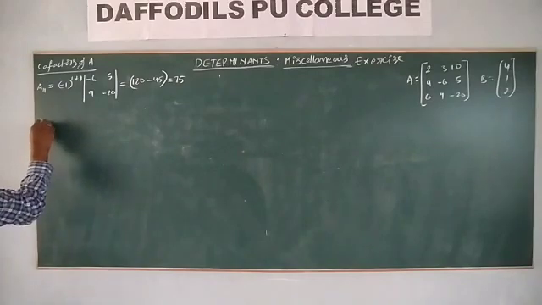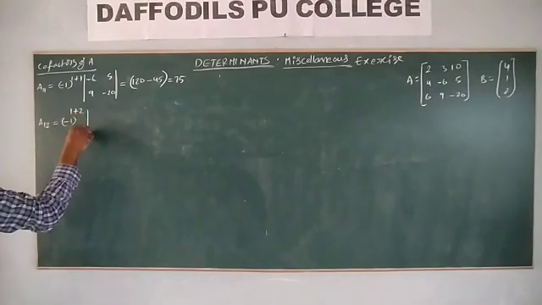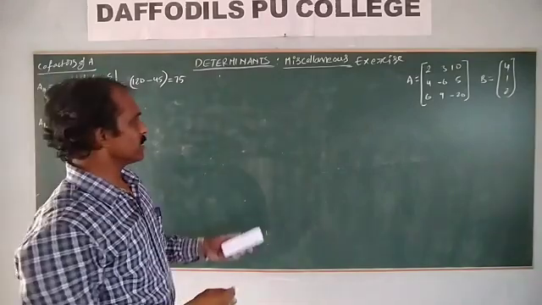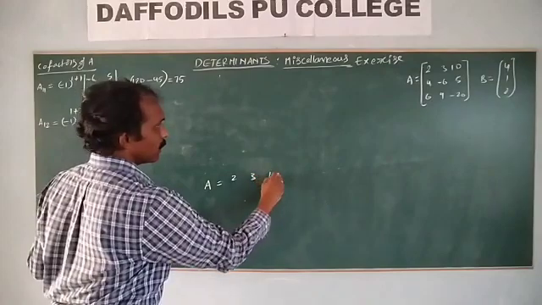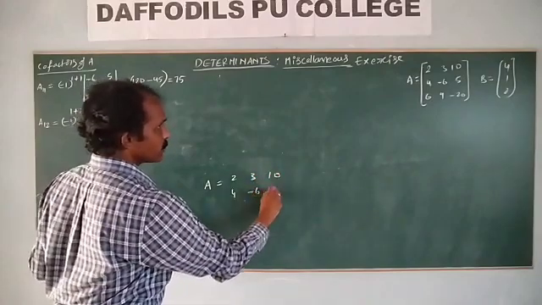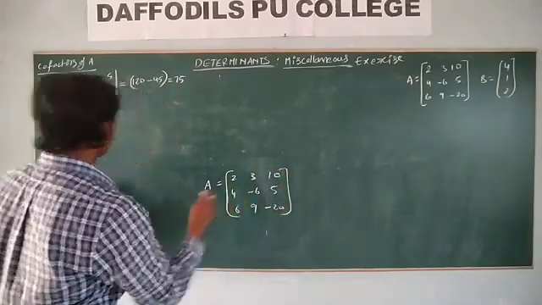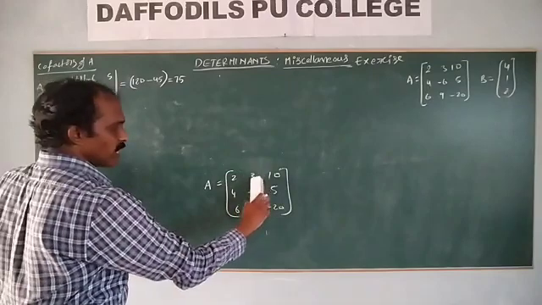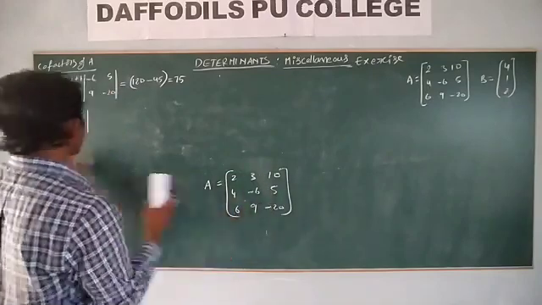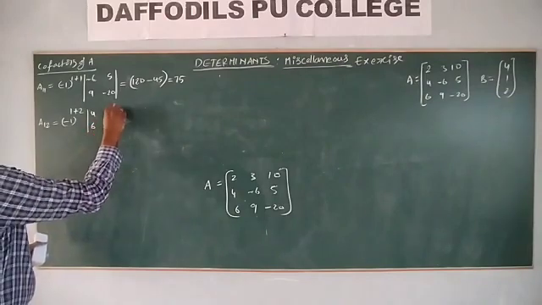Next up, A12: minus 1 to the power of 1 plus 2 and its minor. What is its minor? Right here, this is A: 2, 3, 10, 4, -6, 5, 6, 9, -20. A12 means deleting this row and this column, leaving 4, 5, 6, -20.